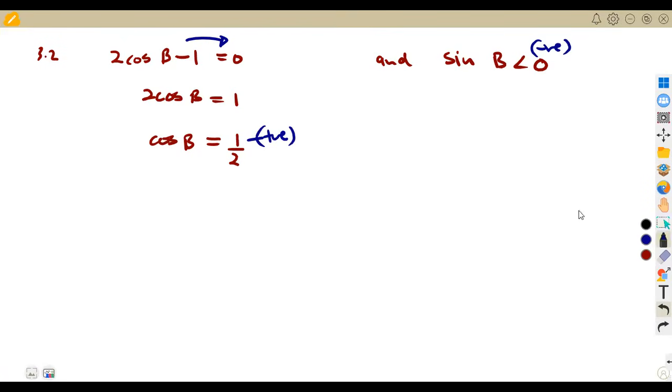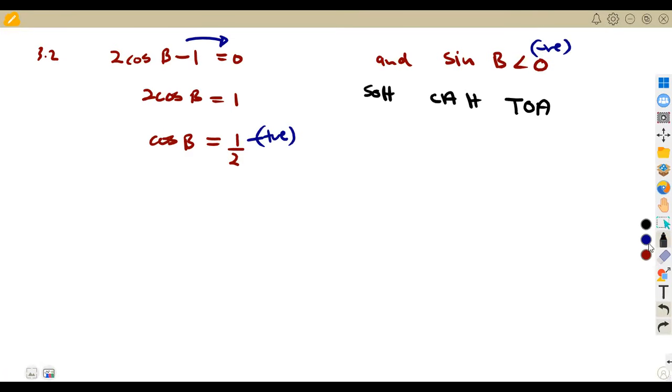Remember, from our SOHCAHTOA mnemonic, we shall use that part of the concept to have the corresponding ratio for this cos. But for the meantime, we want where cos is positive and sine is negative.